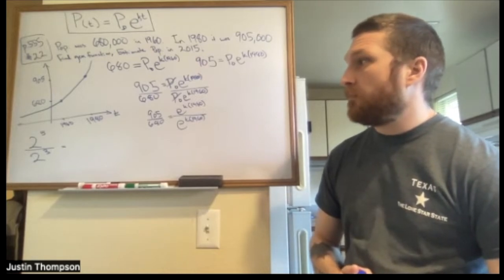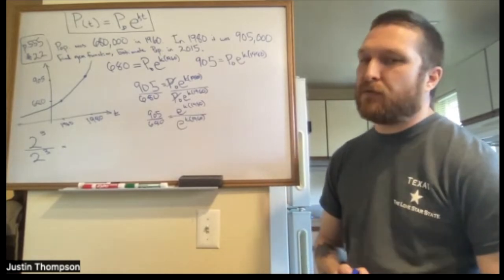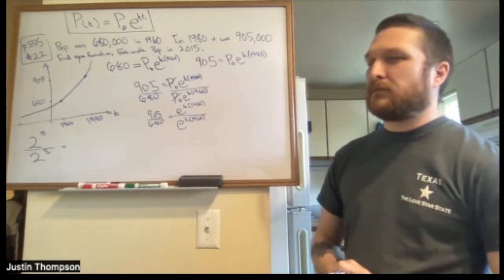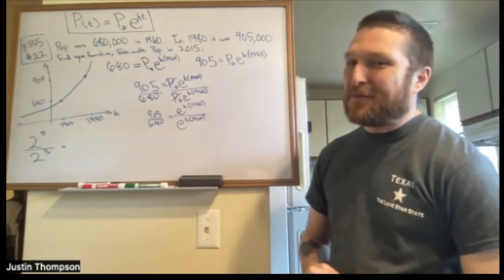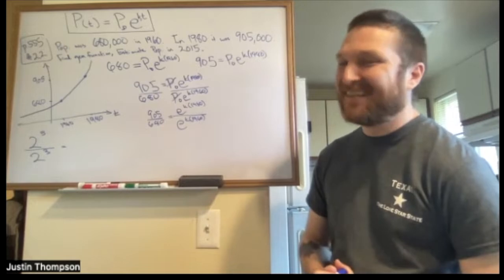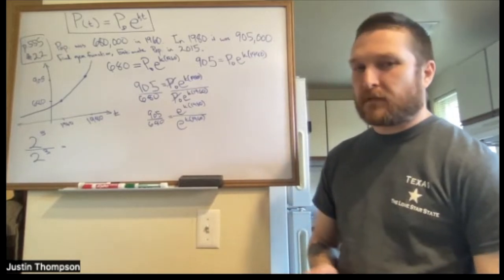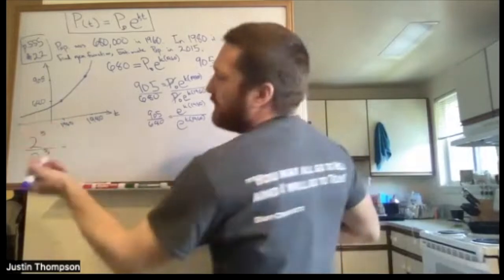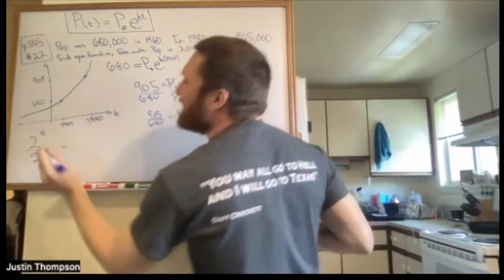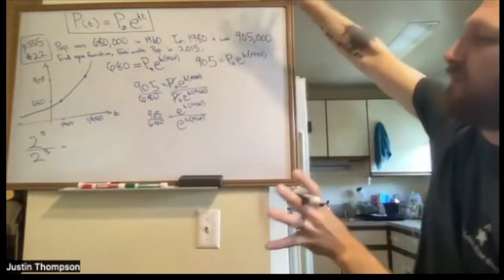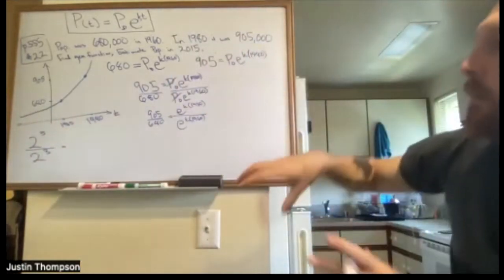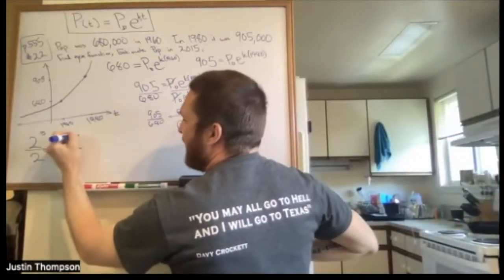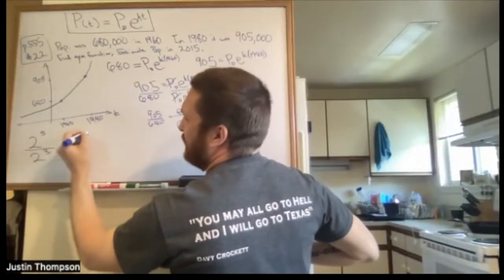Oh, sorry, 2 to the 5 divided by 2 to the 3. 4. Yes, but yeah, 2 to the 5 minus 3, right? Actually, you beat me too. I was just going to say it's 2 to the 2. But how did we get that? You have 5 of them on top, 3 of them on bottom. You know they're going to cancel out. And so you say, yeah, you're right, 5 minus 3 right there.